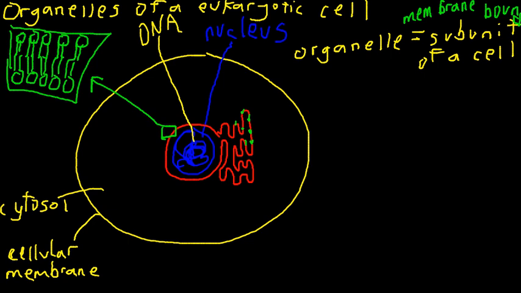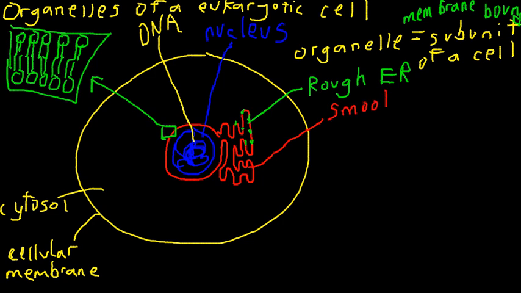The parts of the endoplasmic reticulum that have ribosomes attached are made rough by the ribosomes, so this part is called the rough endoplasmic reticulum, or the rough ER. The part of the endoplasmic reticulum without the ribosomes is called the smooth endoplasmic reticulum, or the smooth ER.